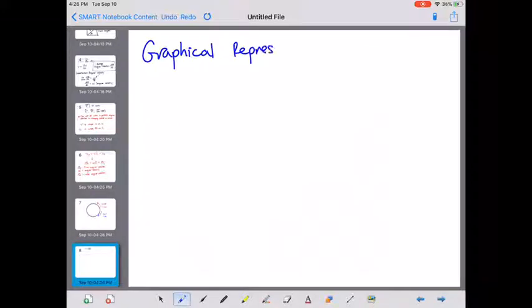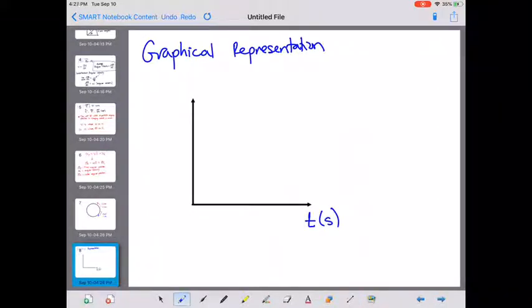So graphically, we're going to put angular position on the y-axis, and we're going to put time on the x-axis. Alrighty, time in seconds, and our angular position again is in radians. Let's say that we've got some motion as follows.